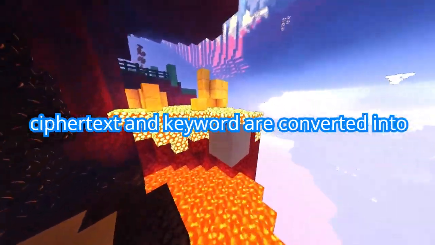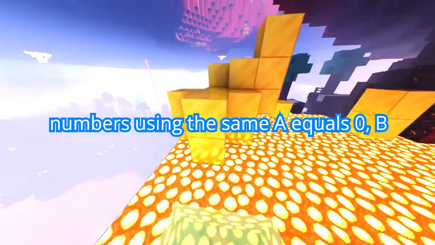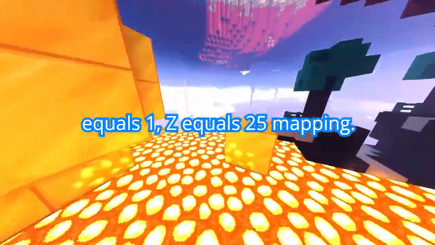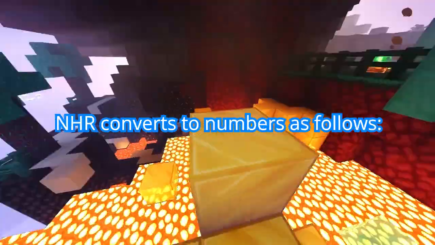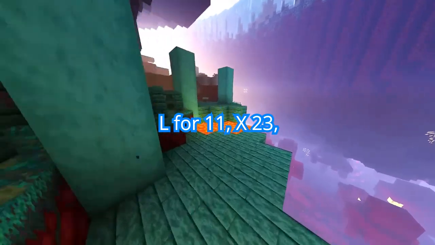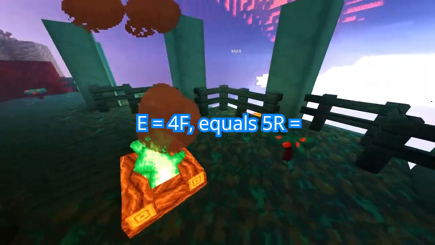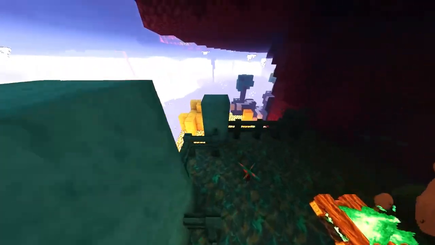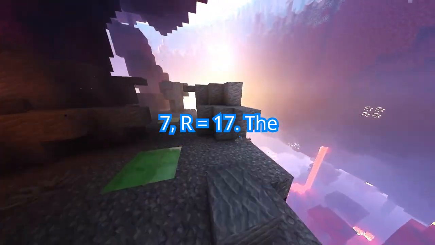First, the ciphertext and keyword are converted into numbers using the same A equals 0, B equals 1, Z equals 25 mapping. The ciphertext LXFOPVEFRNHR converts to numbers as follows: L is 11, X is 23, F is 5, O is 14, P is 15, V is 21, E equals 4, F equals 5, R equals 17, N equals 13, H equals 7, R equals 17.